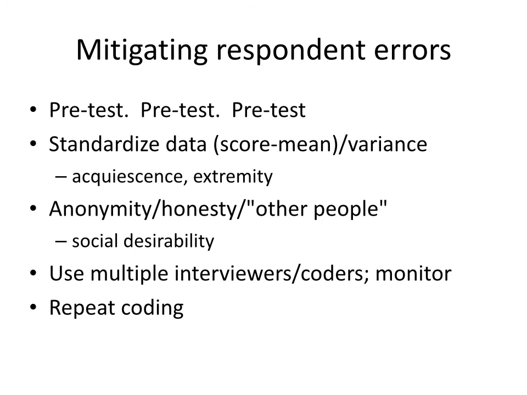There are ways to deal with some of the systematic errors, standardizing the data, creating a standardized score, which is the actual score minus the mean divided by the variance on that item. Will deal with acquiescence and extremity.